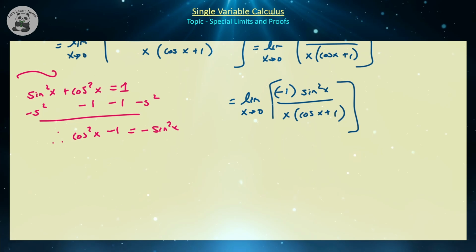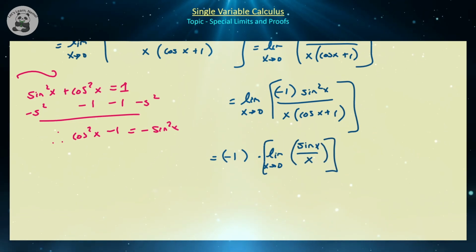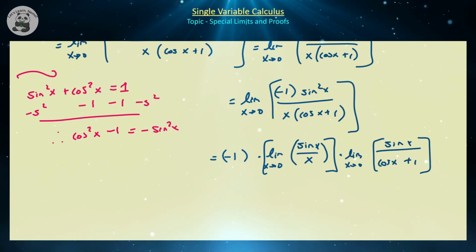I'll write this as minus 1 times the limit as x approaches 0 of sine x over x as the first term, and then for the other sine x, sine of x all over cosine of x plus 1.